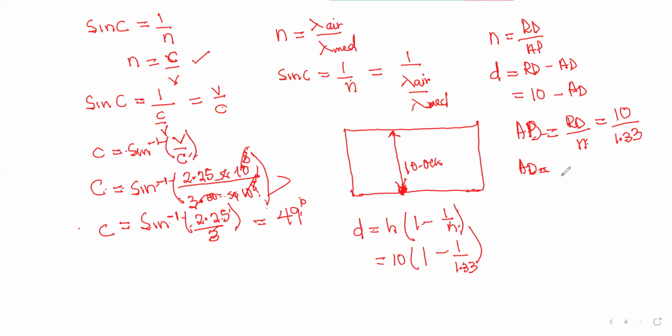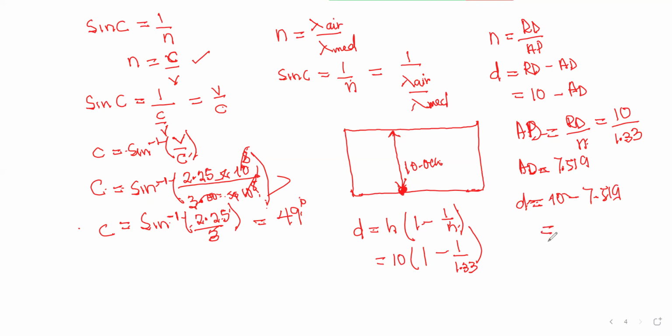0.133. Check again. 7.5. 7 point 519. Therefore, the displacement will be 10 minus 7.519.